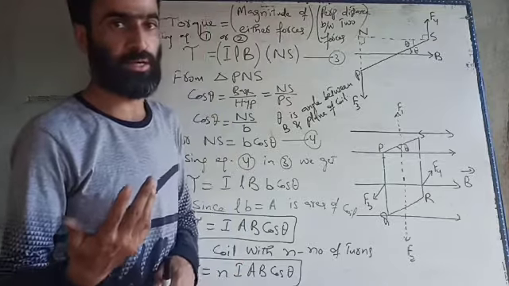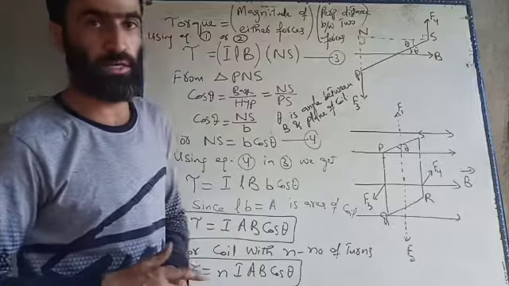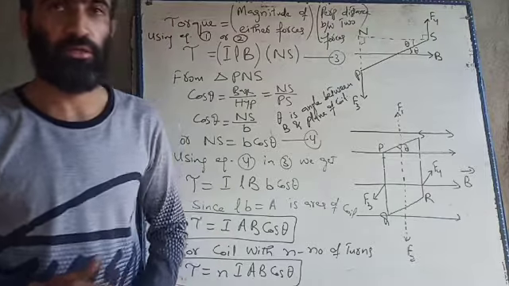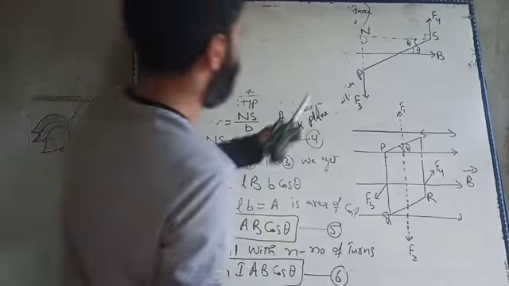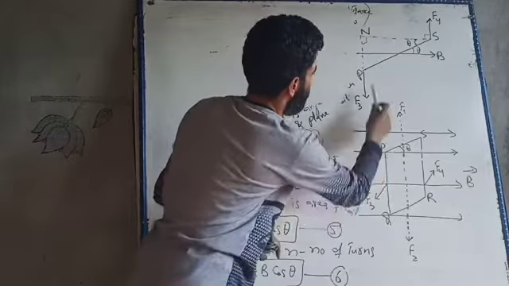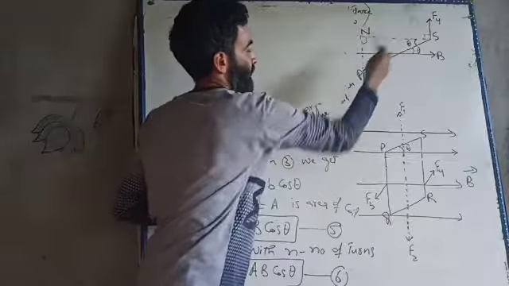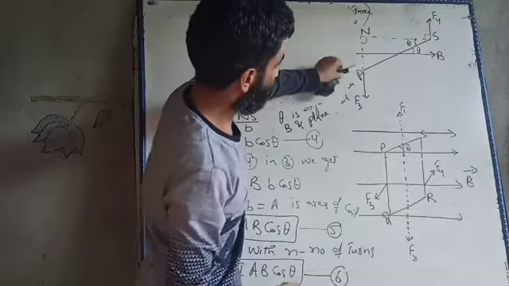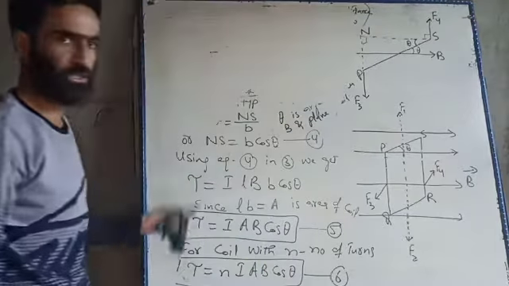Now let us take another angle, which is the angle between the normal of the coil and the magnetic field. See, I have taken here only the PS arm. I did this mathematics and these triangle angles discussing only the arm PS, and I got this relation.